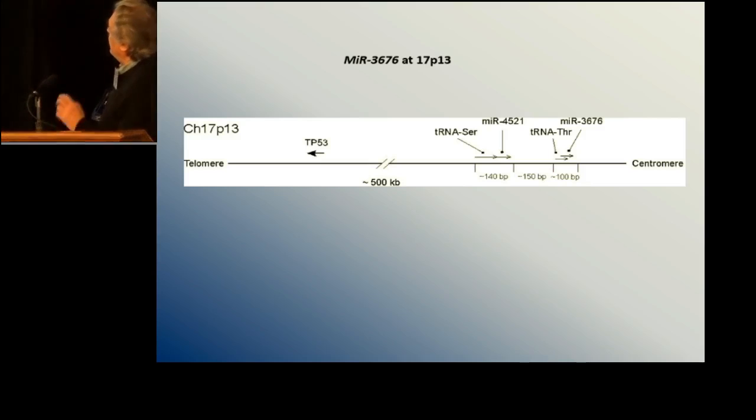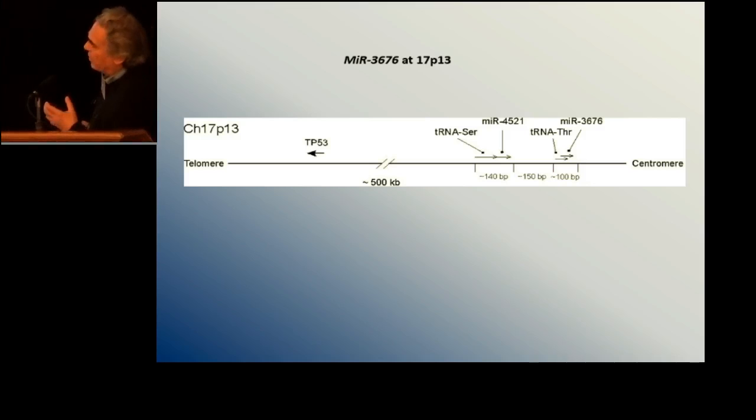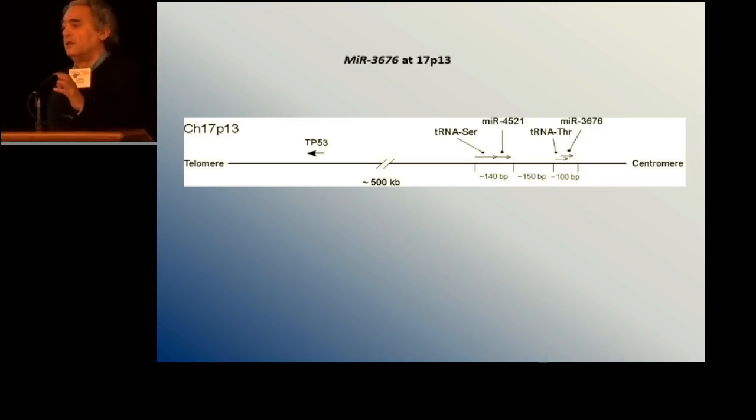So a surprise was that this MIR3676 is encoded by a gene which is on 17p. Okay? This locus is about 500 kilobases from p53. But you know, the deletions that you see in CLL at 17p are very large.